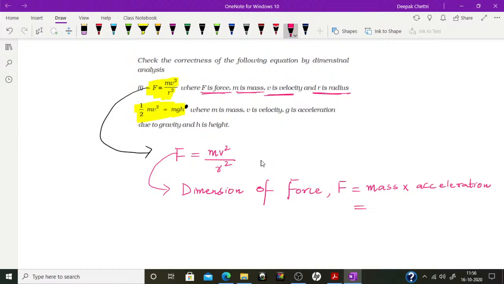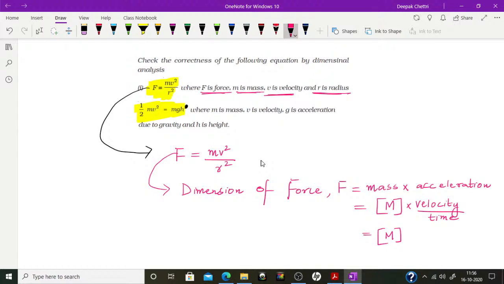Now mass, what is the dimension of mass? M. Acceleration, we don't know the dimension of acceleration, so we have to know the formula for acceleration. The formula for acceleration is velocity divided by time.